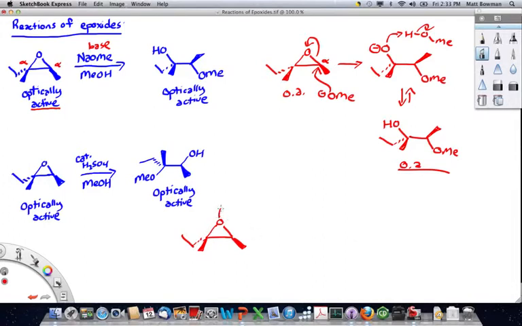So as a result, you have to activate the epoxide by protonating it with sulfuric acid. Now, we have a very, very good leaving group that's ready to spring open.